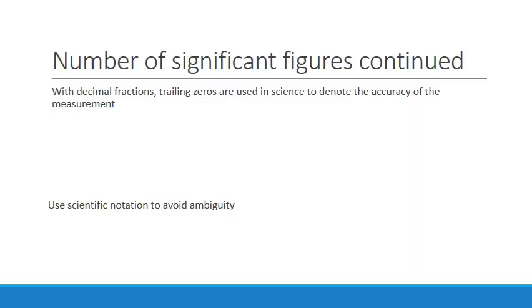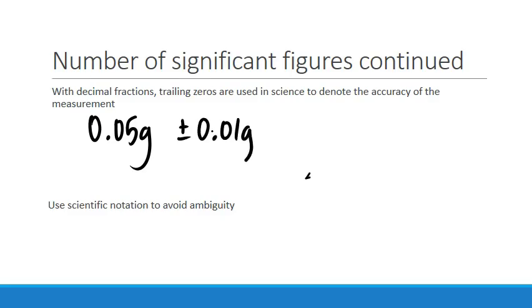With decimal fractions, trailing zeros are used in science to denote the accuracy of the measurement. In maths, you probably usually delete them. So I've got an example of this. If I measured a mass of something and it came up on the scale as 0.05 grams, it has an accuracy of about plus or minus 0.01 grams.